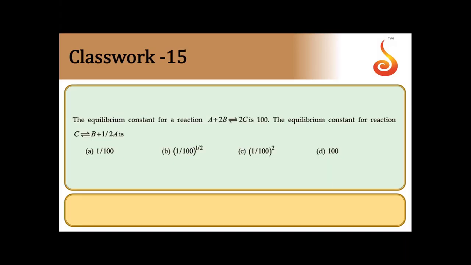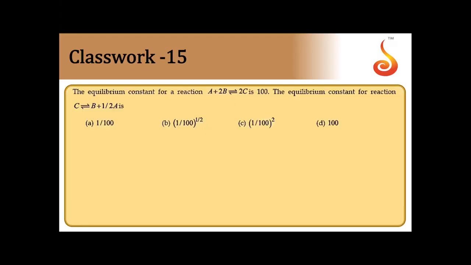Then the equilibrium constant for A plus 2B giving rise to 2C is 100. Then what is the equilibrium constant for the reaction C giving rise to B plus 1/2 A? Observing the equation given to us, we notice two things. One, it is a reversed equation. Second, it is divided throughout by 2.